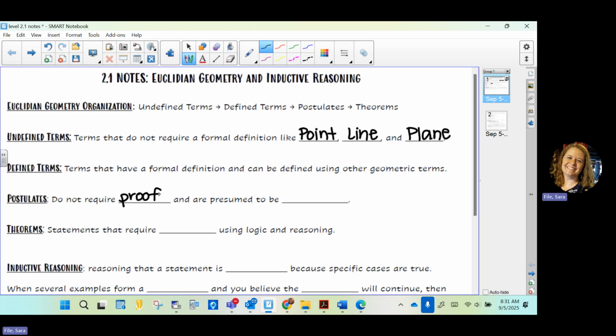It is presumed to be true. A theorem, on the other hand, is a statement that requires proof. Statements that require proof using logic and reasoning.